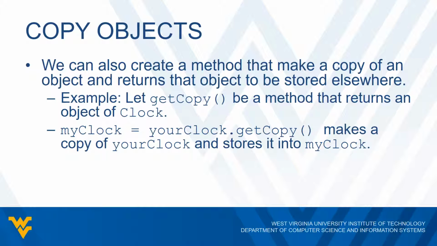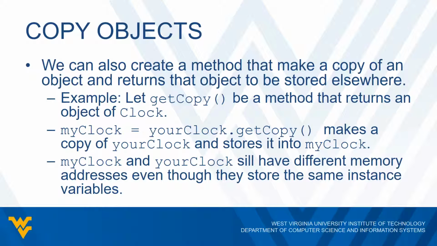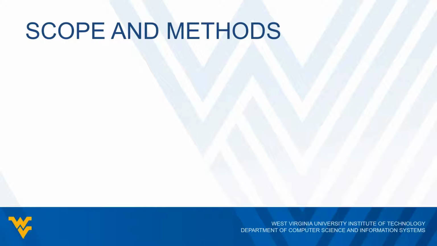What this does is it makes a copy of the yourClock object, and then we store that in the myClock object. So here, myClock and yourClock will still have different memory addresses, even though they will store the exact same instance variables. So this is another way of copying all the contents of one class into the other without obliterating memory addresses.